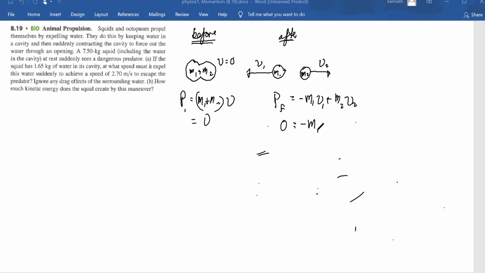Because the momentum is conserved, P initial is P final. And let's say that the water is M2, so its velocity is V2. We want to solve this for V2, the velocity of the water.